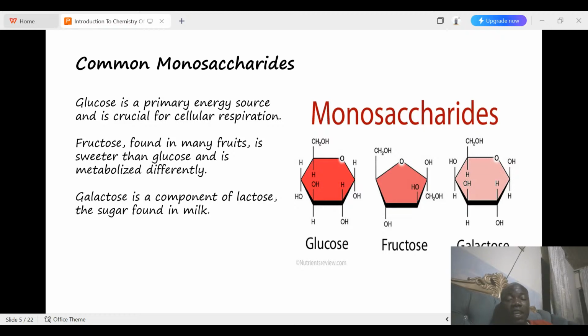But in the case of fructose, it's mainly found in fruits and it can be metabolized differently. So their metabolism is not 100% the same. There are some points where they differ from one another.